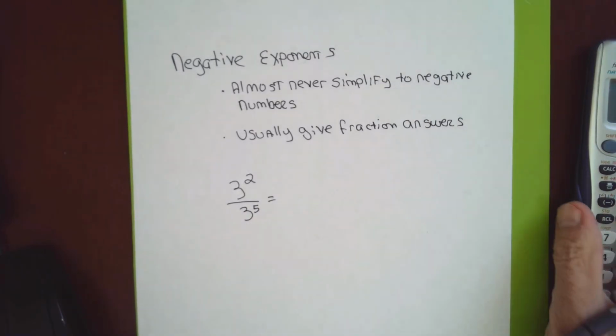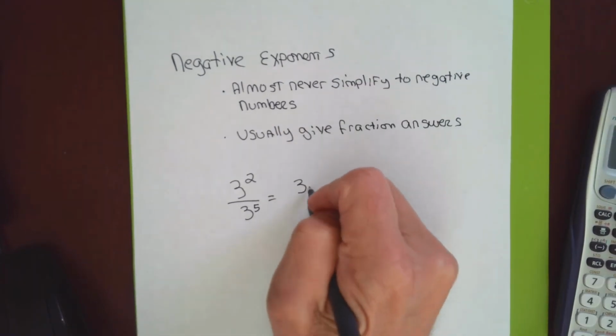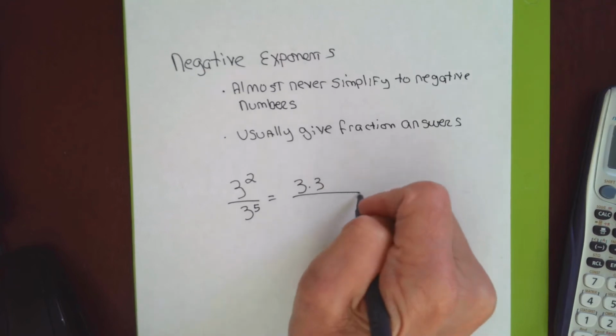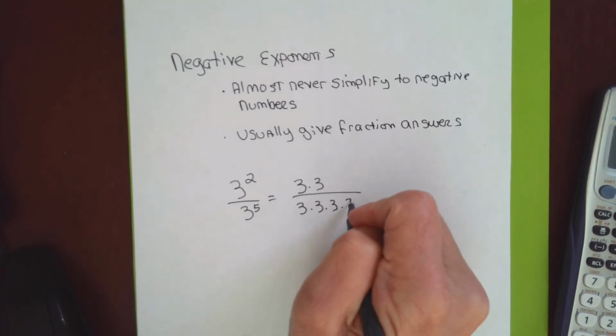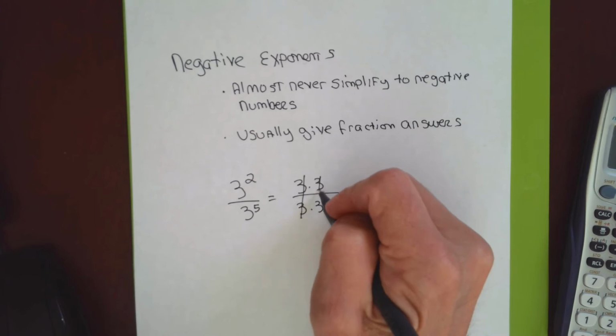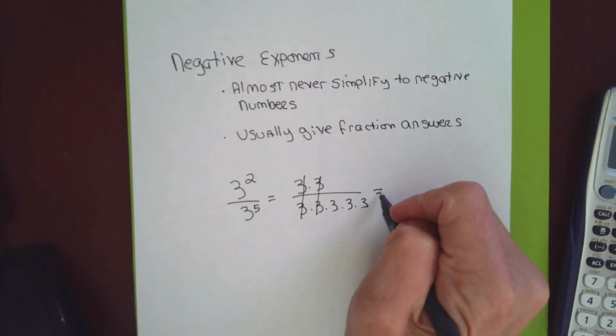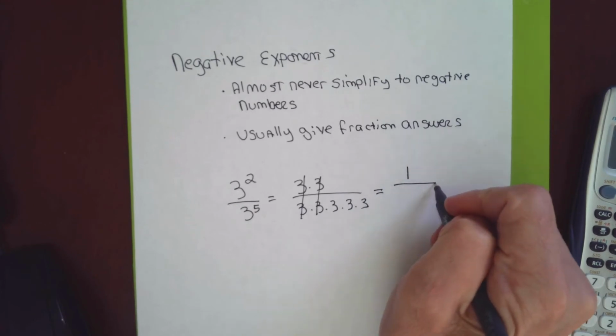If I didn't know how to do this, I can say this is 3 times 3, which is 3 to the second, over 3 times 3 times 3 times 3 times 3. And I can reduce the fraction by canceling. I'm left with, in the numerator, the 3's that I canceled turned into 1's.